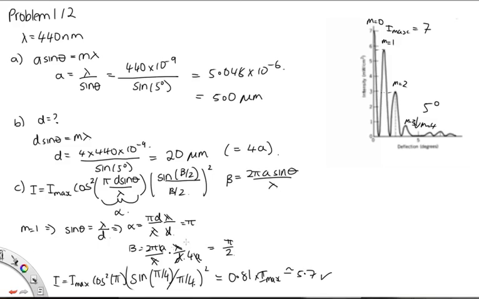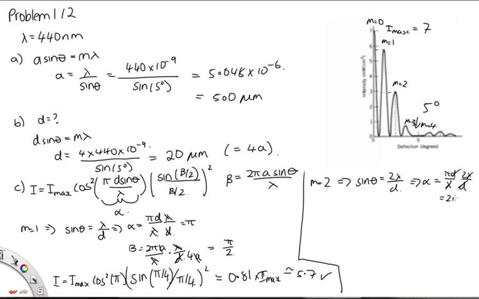Now we were also asked to verify it for the m equals 2. So when m equals 2, let's make some more space, we've got sine theta is equal to 2 lambda over d, which tells us that alpha is equal to pi d on lambda times 2 lambda on d.